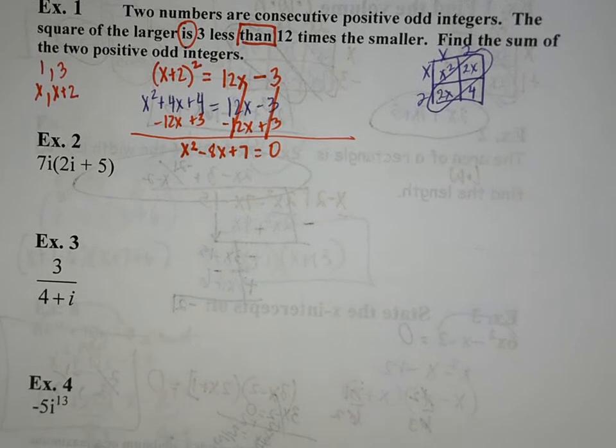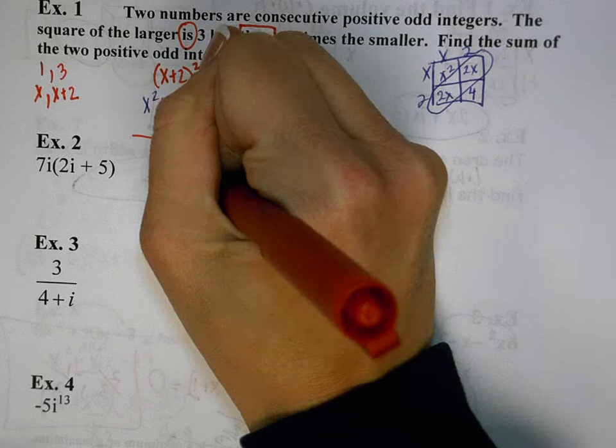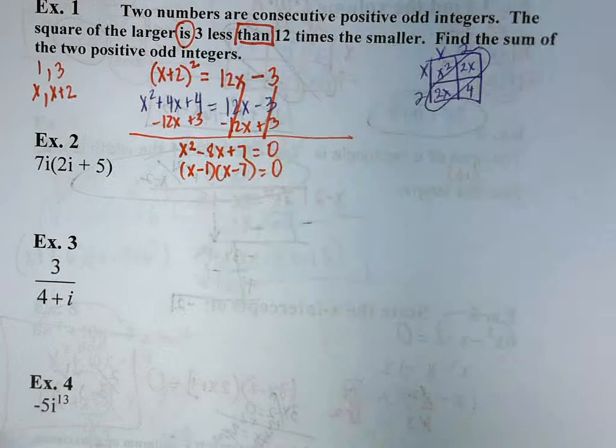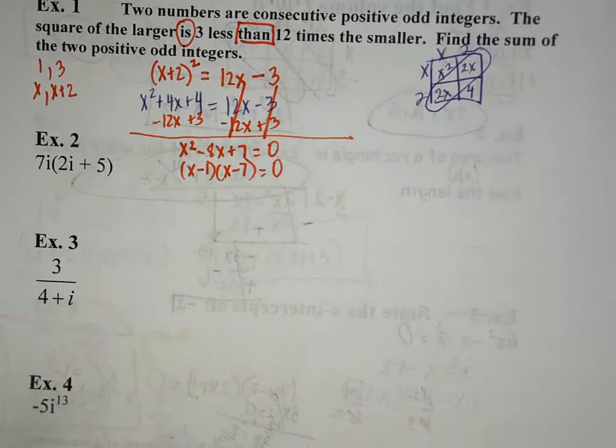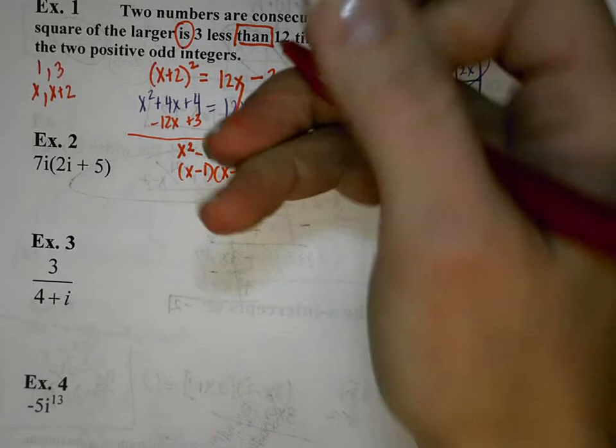So we need to factor that. What multiplies to be 7 and adds to be negative 8? Good. x minus 1 and x minus 7. Those add to be negative 8 and multiply to be a positive 7. And when you set those equal to 0, you find that x equals what?